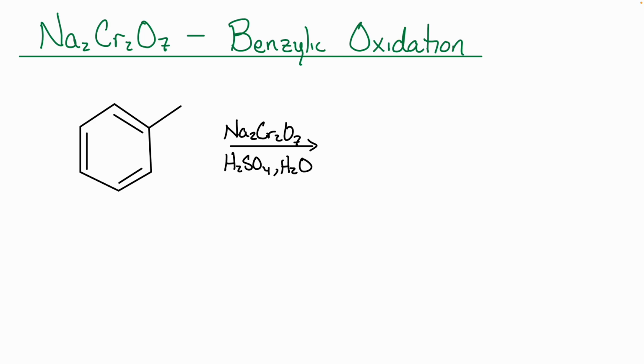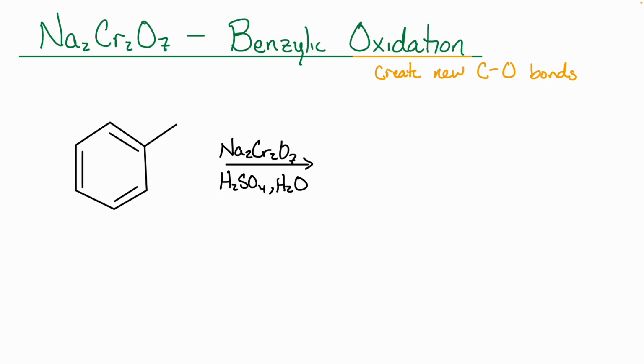When we oxidize something, we're going to create new carbon-oxygen bonds. Right? And in this reaction here, these oxidation reactions of the benzylic position, you will fully oxidize that benzylic carbon.